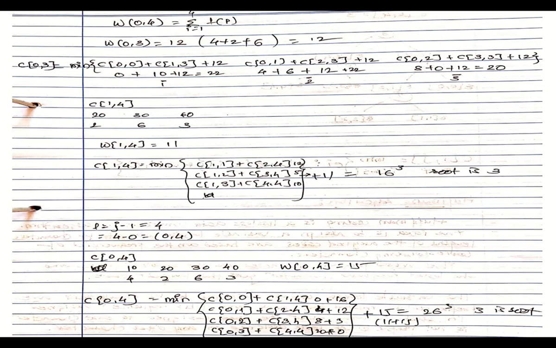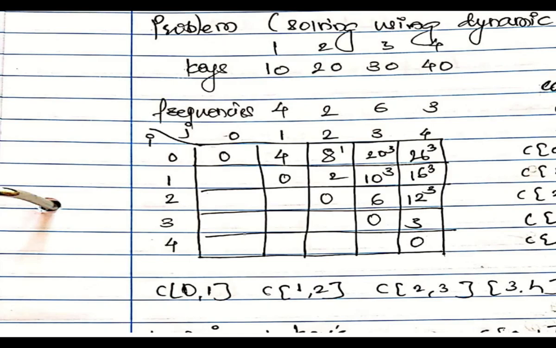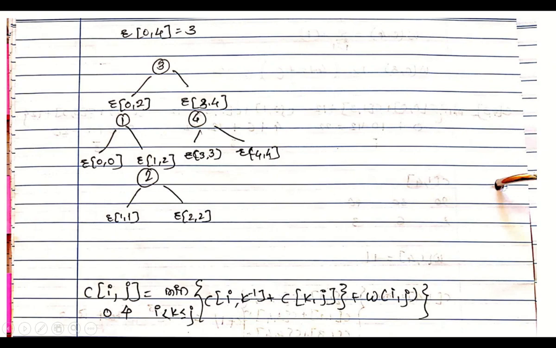Then we'll find values for the remaining table also, and this is the final table which is generated after finding each and every value of my table. So what is the optimal tree I can generate out of this? Definitely I can use the root r of 0 comma 4, which is equal to 3. So 3 is a root of mine. 1 is less than 3, so it will be on the left hand side of it. 4 is greater than 3, so it will be on the right hand side of it.